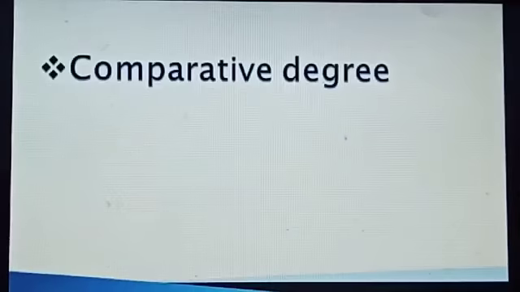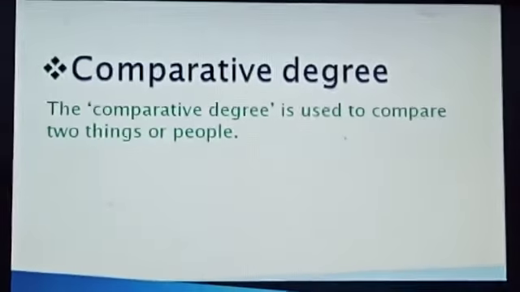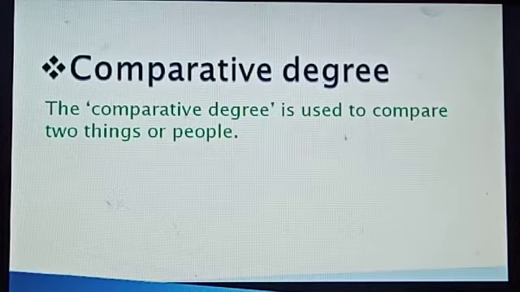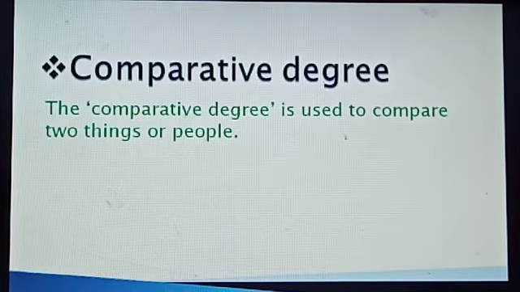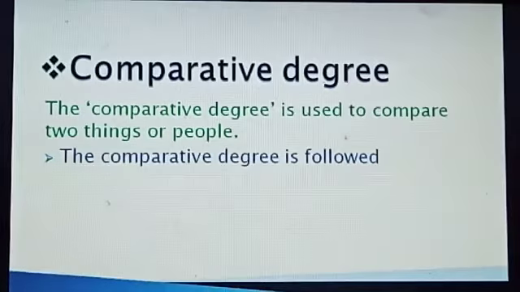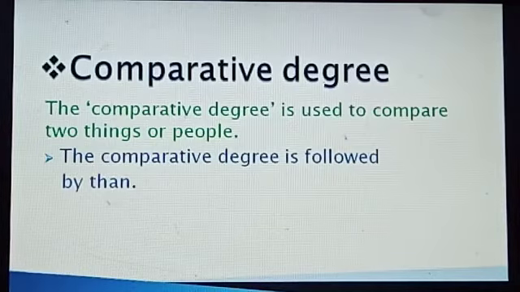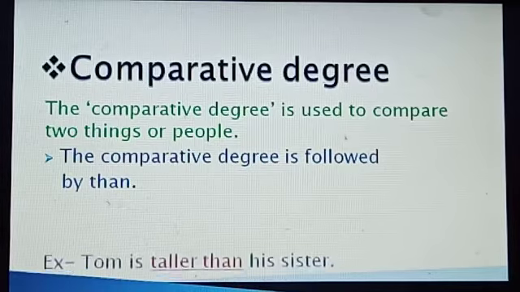The second is the comparative degree. The comparative degree is used to compare two things or people. Yes, when we make a comparison between two things or people, at that time we use the comparative degree. The comparative degree is followed by "than". See the example, it will be clear to you.